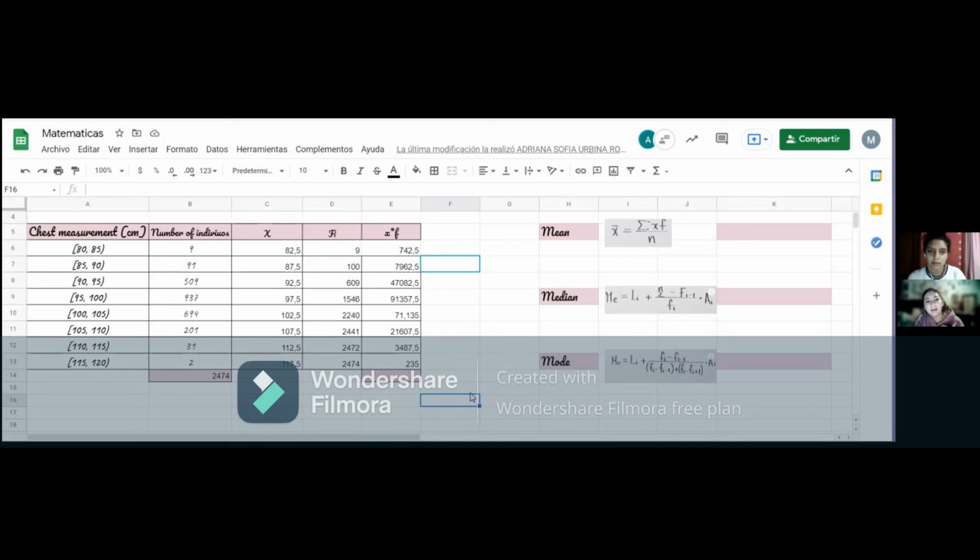Finally, we add up the data with the process indicated before, the sum. As a result of the sum, we have 71,370, which we divide by the total number of data. The final answer is 28.84.